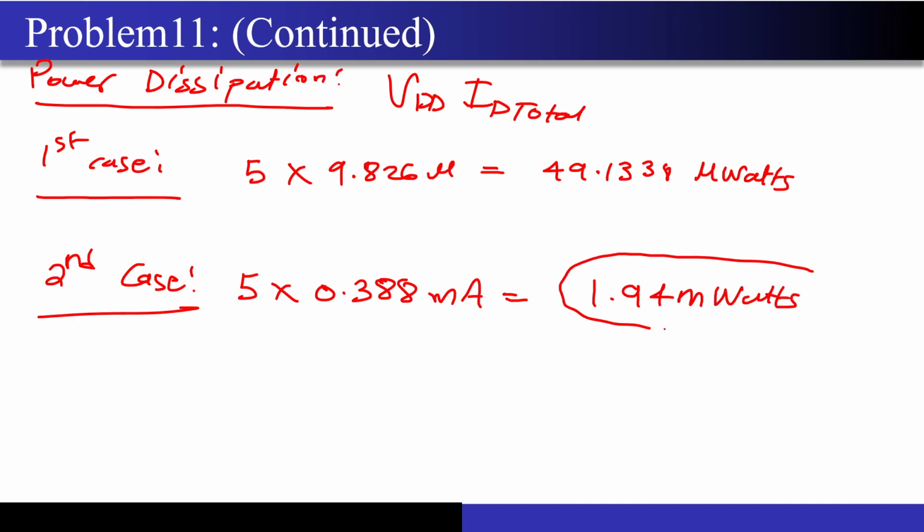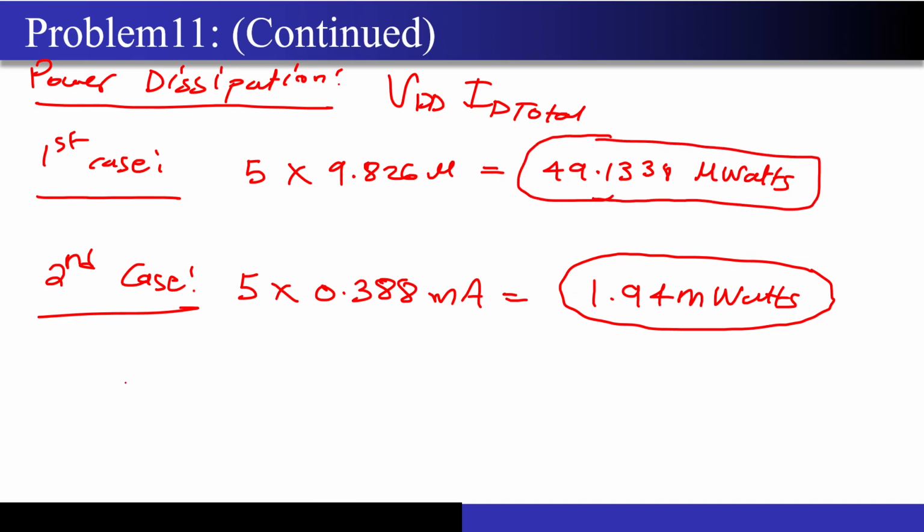Now why was this so important? I just wanted to tell you, if you design a very small processor, let's say having 10 to the power 6 transistors, and you don't take into account these sub-threshold currents, you may think that your processor is consuming just a few watts of power, but this 1.94 milliwatts will be out of the picture.